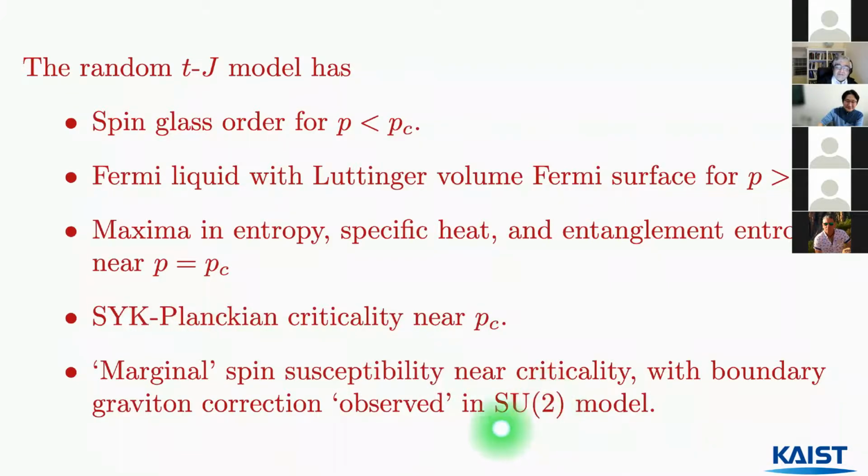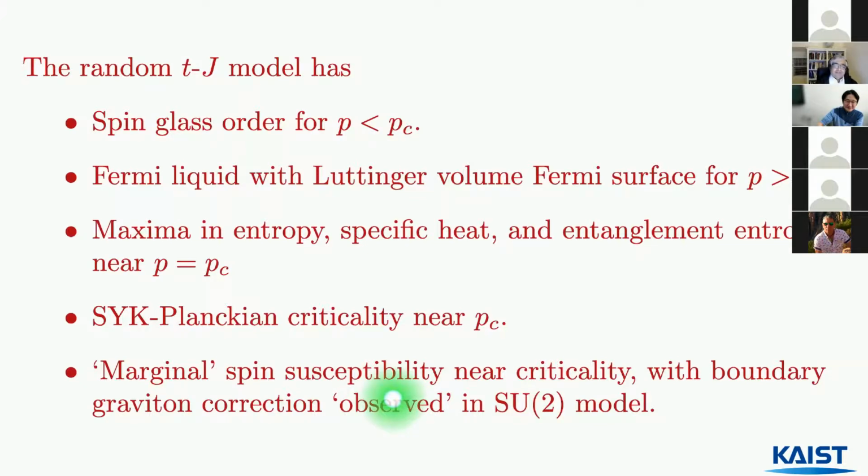And even some evidence in this TJ model for this universal graviton correction. So that's pretty amazing that this SU(2) model, just the TJ model, has some kind of holographic connection explicitly in this boundary graviton.